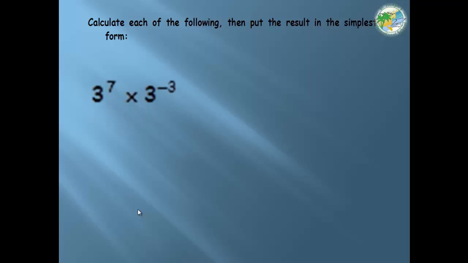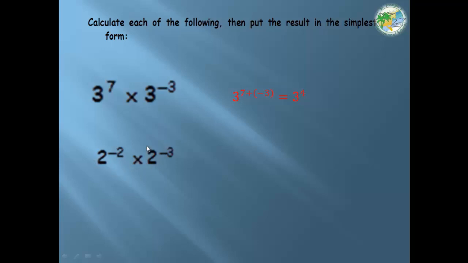Calculate each of the following, then put the result in the simplest form. We have the same base, so we add the powers: 2 power 7 plus negative 3 equals 2 power 4. Fine. Another question, 2 power negative 2 times 2 power negative 3.